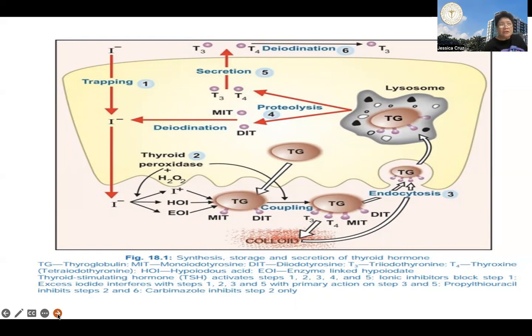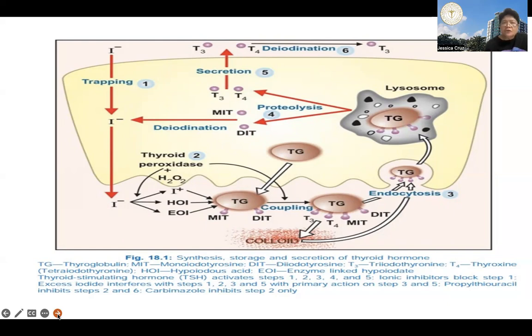This is the one that transports iodide into the thyroid gland. Now, this symporter is inhibited by high levels of iodides and by certain anions like thiocyanate, pertechnetate, or perchlorate, which we'll also take up in a while.